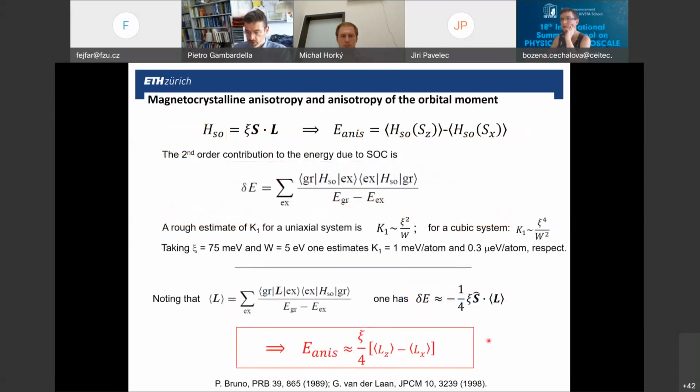Now there are models that are used to relate this anisotropy energy to the anisotropy of the orbital moment. In the simplest model, the magnetocrystalline anisotropy energy is directly proportional to the anisotropy of the orbital magnetization through the spin-orbit coupling constant. I will not go into this model in detail, but you can find the reference here if you're interested.